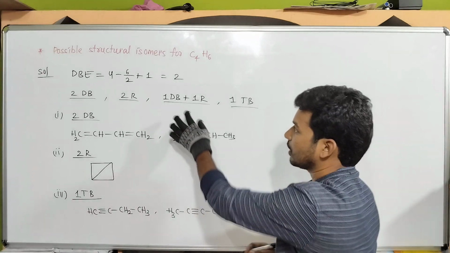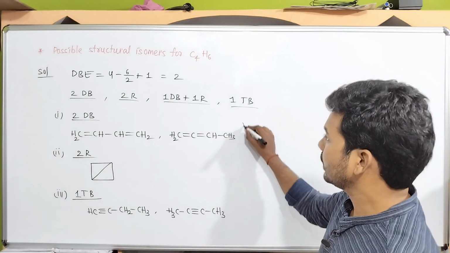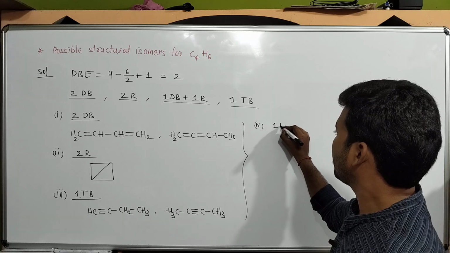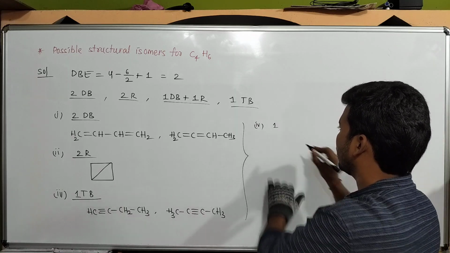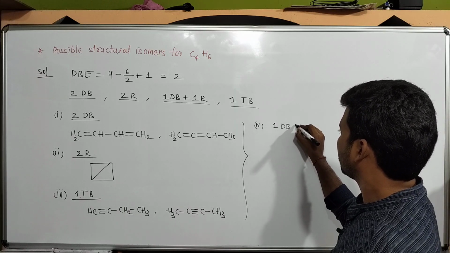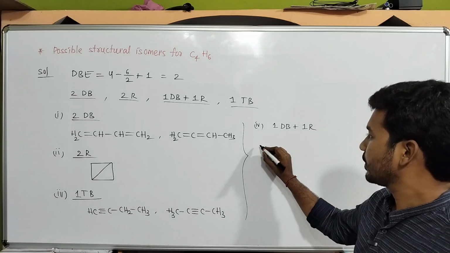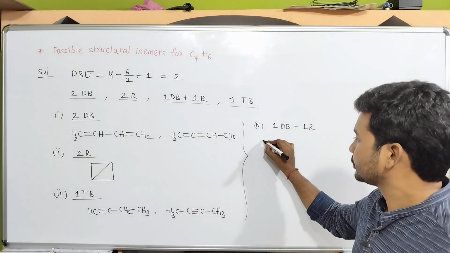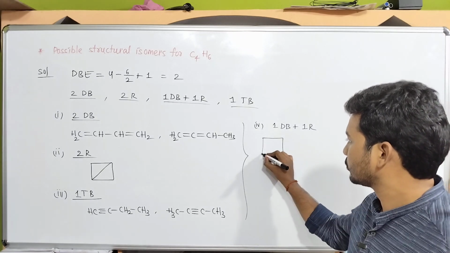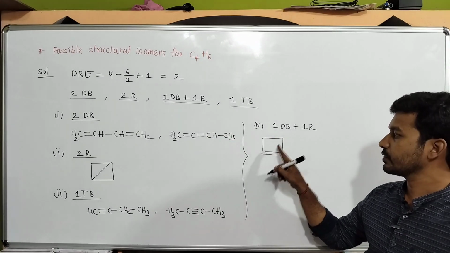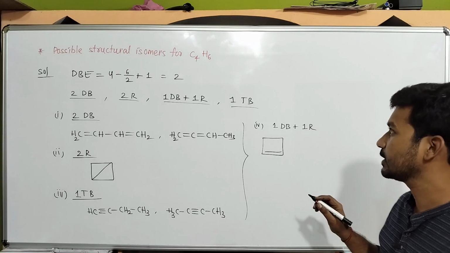Next, I will take 1 double bond with 1 ring. 1 double bond plus 1 ring. First I will take a 4-membered ring. This one, molecular formula C4H6, it will become CH2, CH2, CH, CH, C4H6.